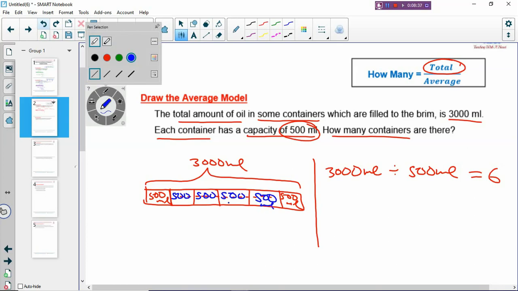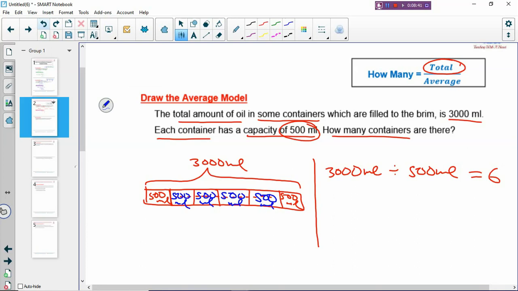Average means everybody gets the same number. So how many containers are there? You have 6 containers. The first part of the lesson is to cover how you find average, which is very common. You always need to know how to find average, and then you need to know how to find the total.